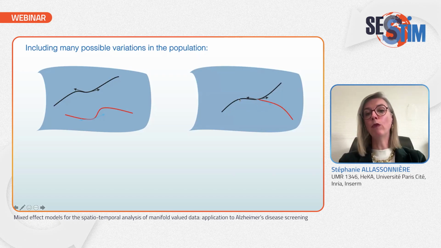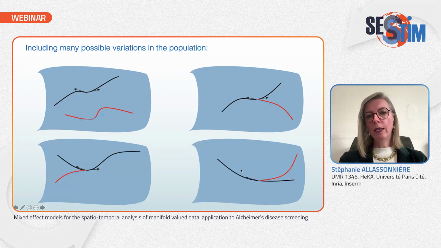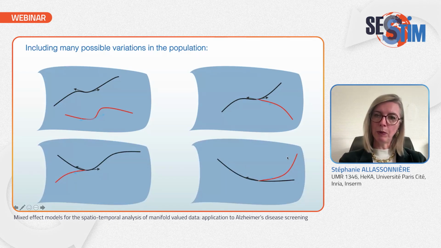For example, you have the flu that comes, and so safe people are evolving this way, and people who got the flu have another evolution. People that are starting from different points and converging, or having a single geodesic and some deviation at some point. So one single geodesic and people are escaping from this geodesic.